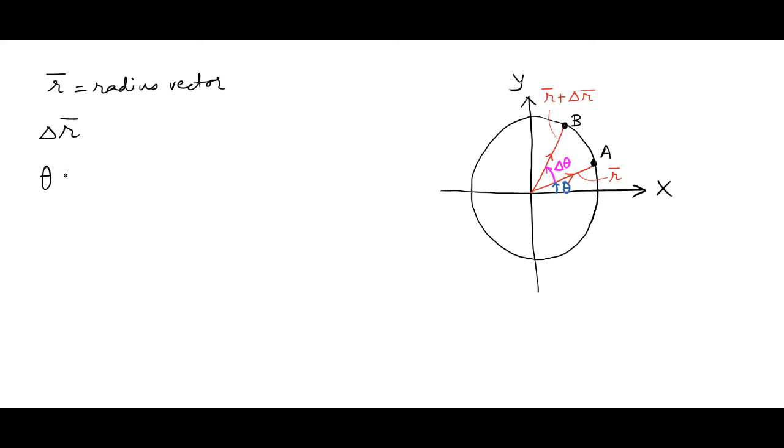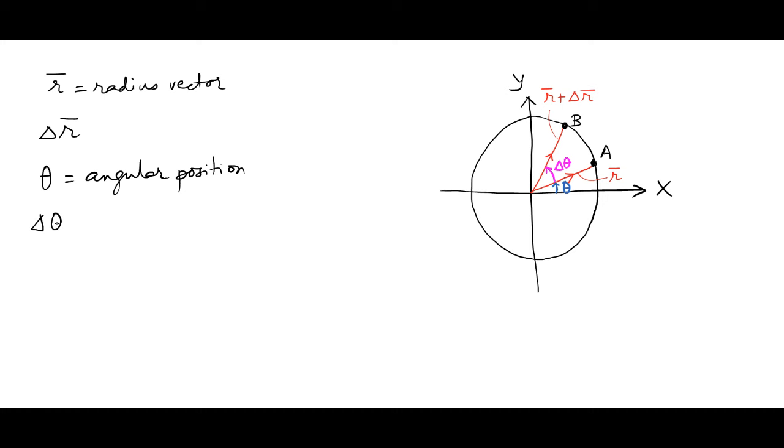Theta is the angular position of the particle initially, and it is analogous to the coordinate of a particle moving along a straight line.